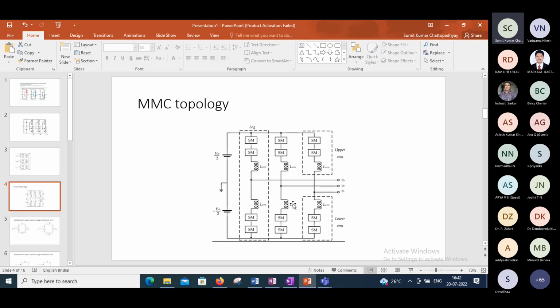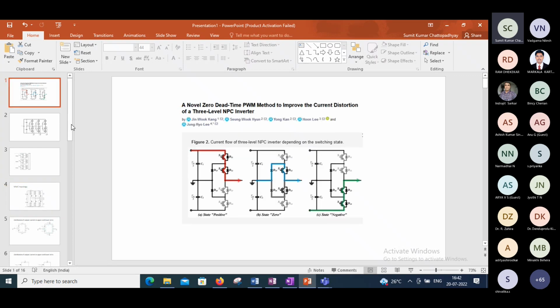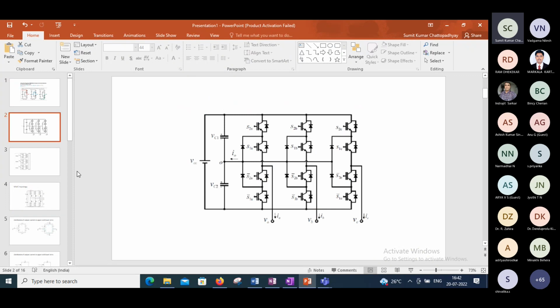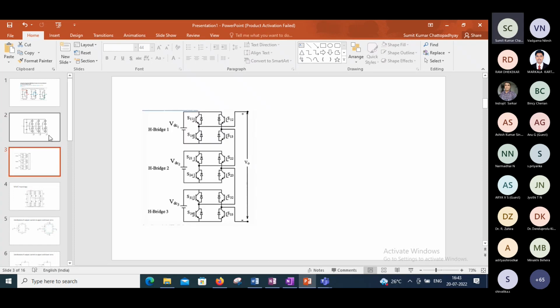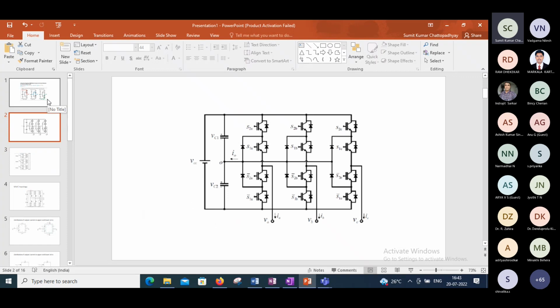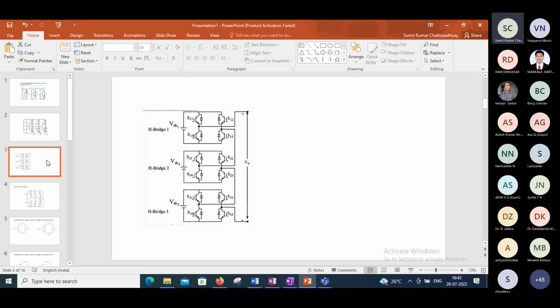After this, for the rest of the time, I'll go into detail on the operation of this topology. Actually, for completeness, I thought of discussing the working principle of the other two important topologies, potential topologies for EV applications, whether for the battery swapping station, inside the vehicle, or in propulsion or traction applications. But I understand that most of you will be well aware of the operation of these two topologies, neutral point clamped and cascaded H-bridge.